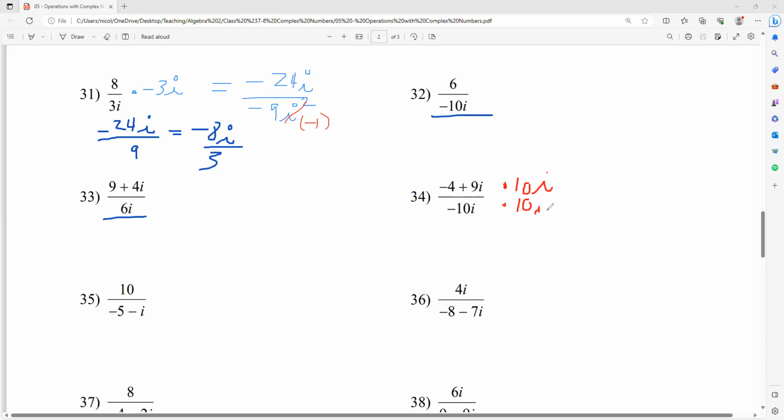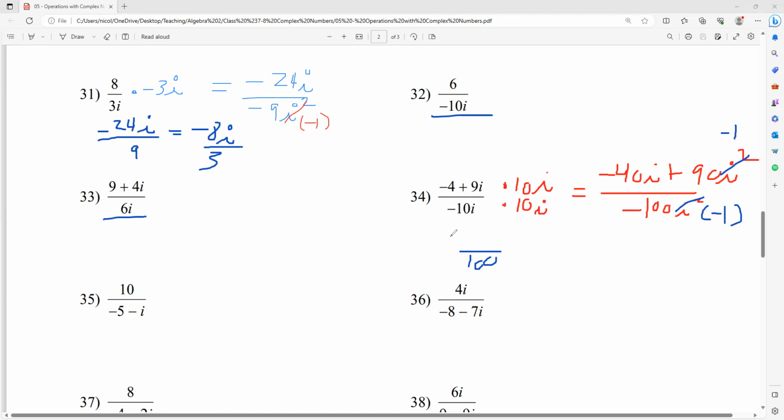And so for the numerator, I'm going to get negative 40i plus 90i squared. And for the bottom, I'm going to get negative 100i squared. We know that the i squareds change to a negative 1, so that becomes a positive 100. This becomes a negative 1, so that becomes a negative 90.